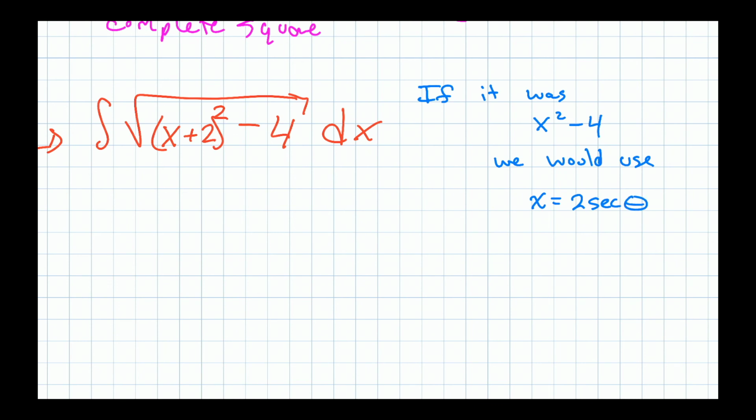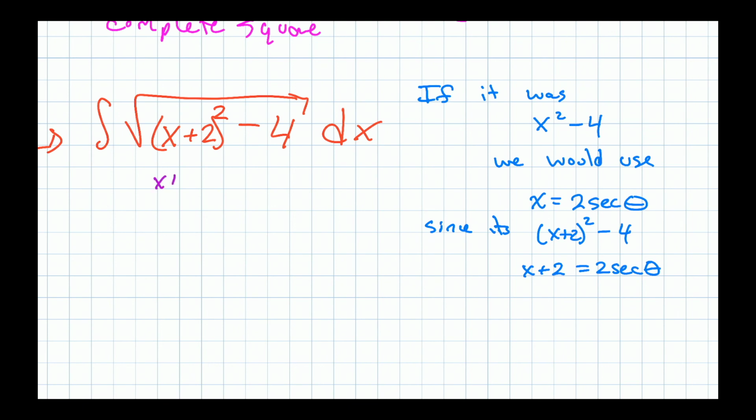That's what we would use, right? But it's not. Since it's x plus 2 squared minus 4, we're just going to use x plus 2 equals 2 secant theta. All right, so that's all you have to do there to make it work.